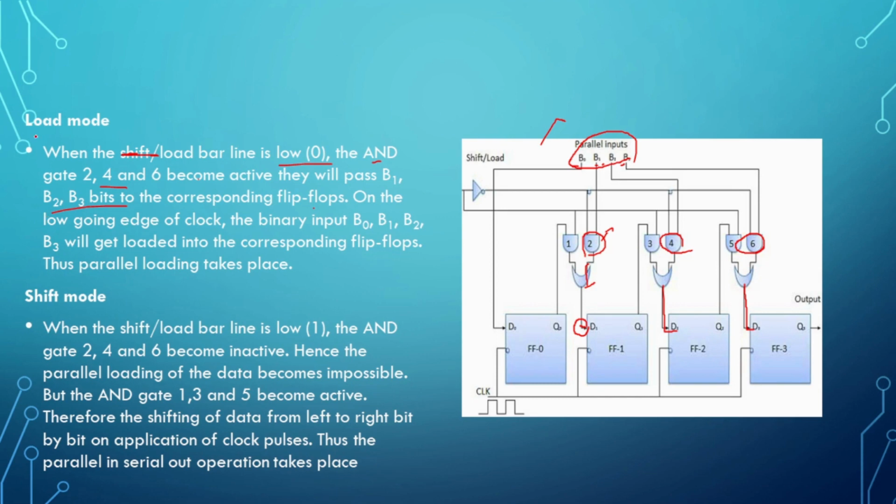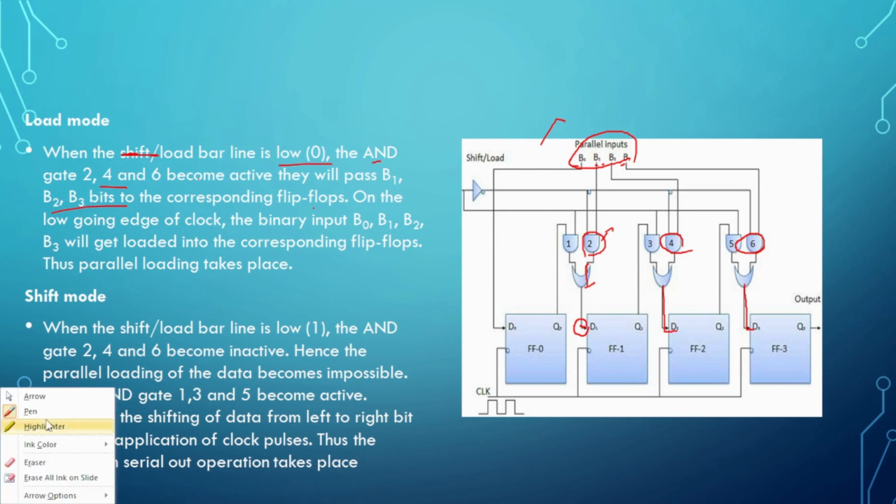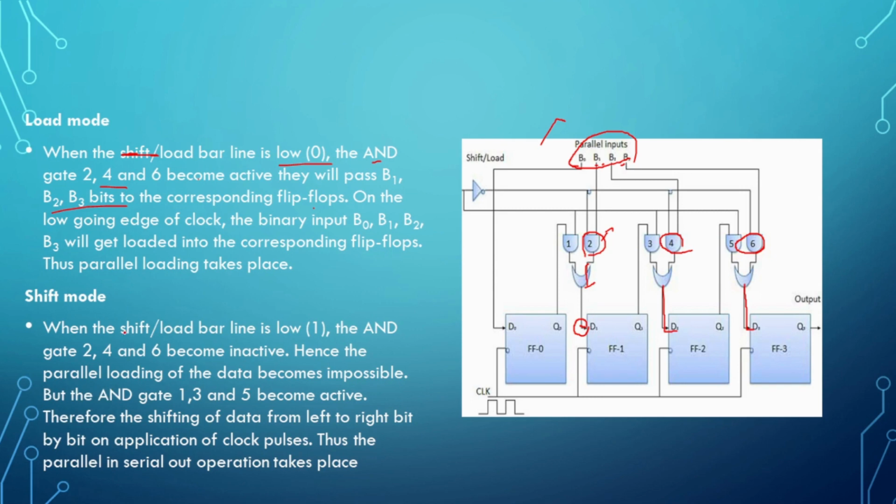Afterwards, in shift mode, when the initial input is given as 1, the AND gates 2, 4 and 6 become inactive. If they become inactive, it means the parallel loading of data is impossible.